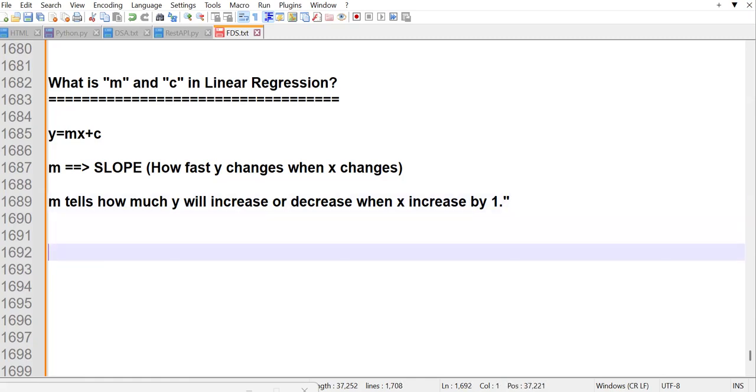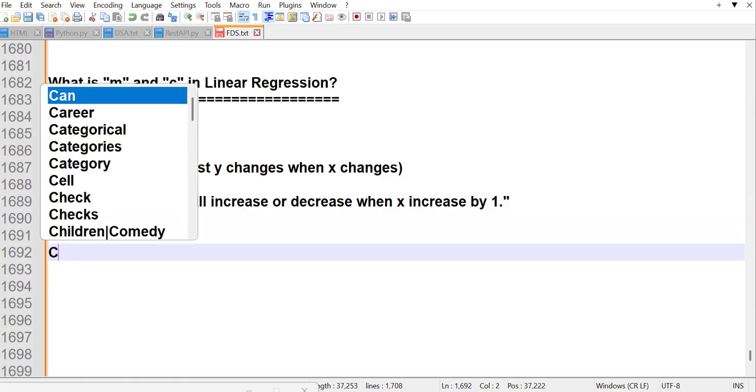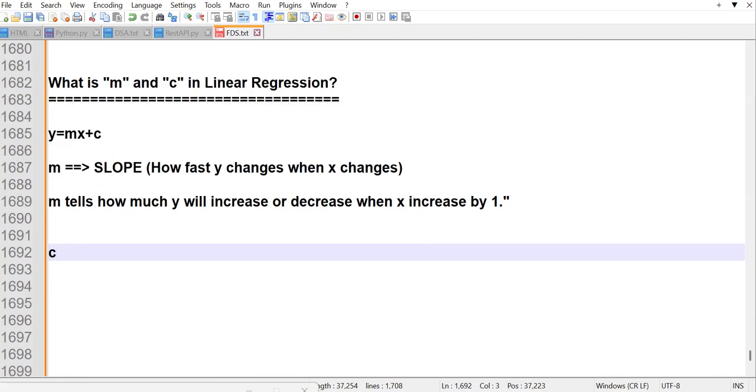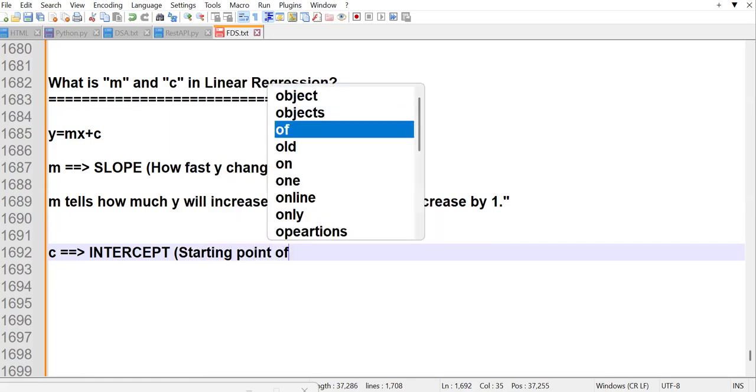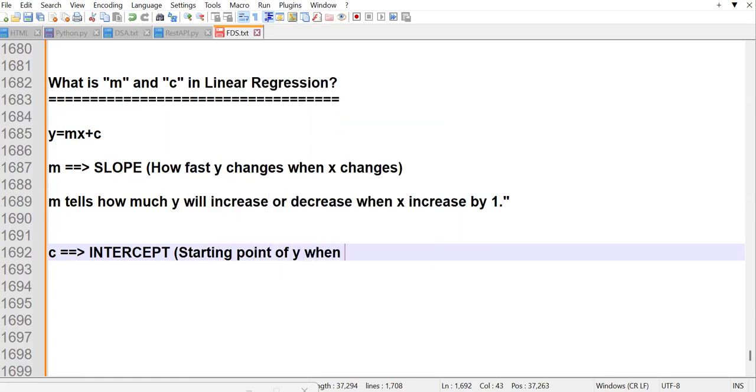Now let's see what c is. C means intercept. Intercept means the starting point of y when x is 0.